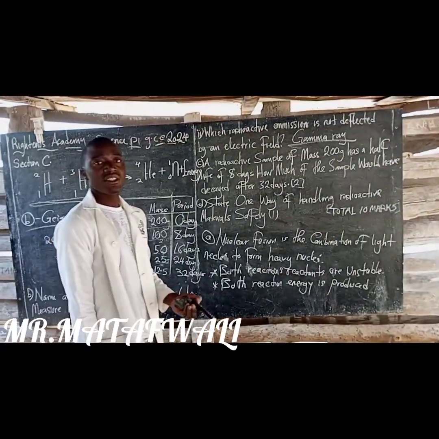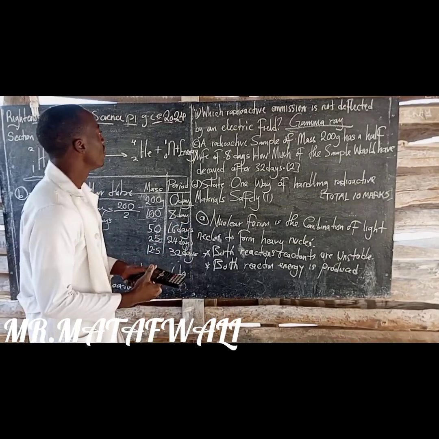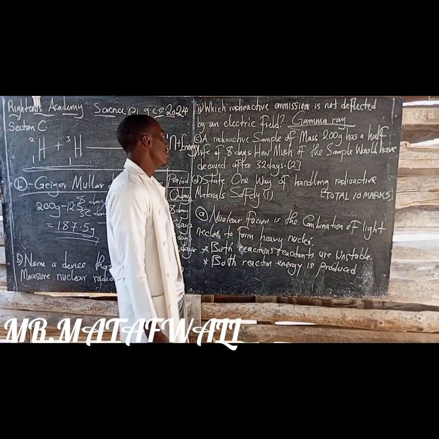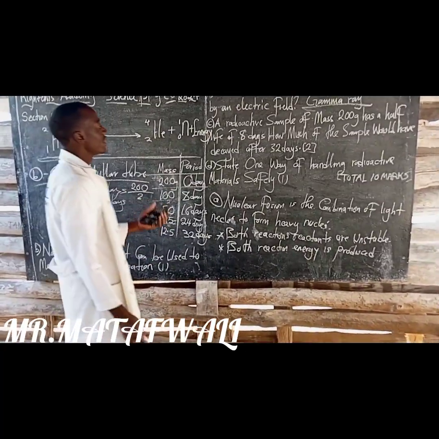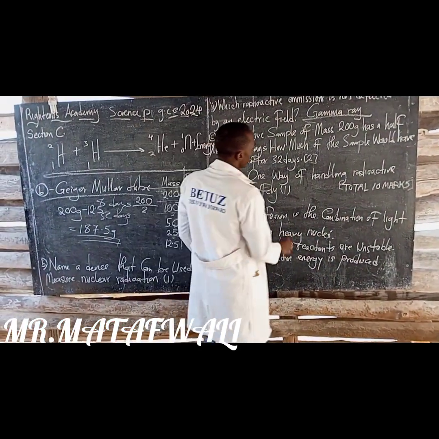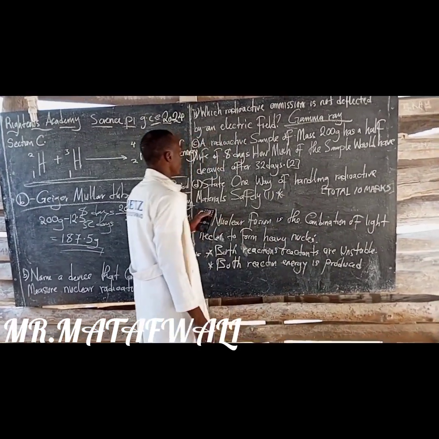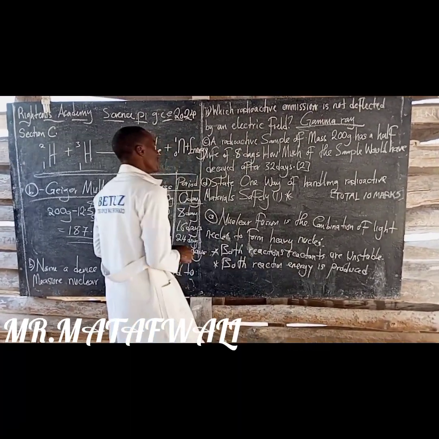Again, in that video where I taught the full lesson on radioactivity, I mentioned ways in which we handle radioactive materials. But for this question, since we only need one way, we are going to mention the one way in which we can handle radioactive materials safely.